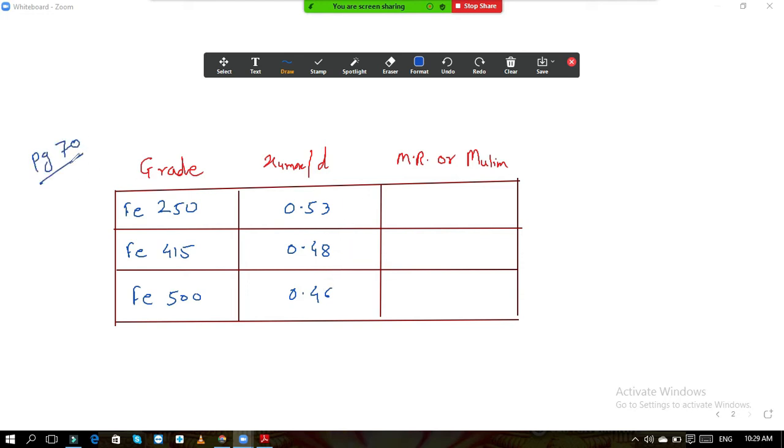The moment of resistance is 0.149 fck bd square, which we have used many times, then 0.138 fck bd square, and 0.133 fck bd square. This is the moment resisting capacity of the section, called Mu limiting.